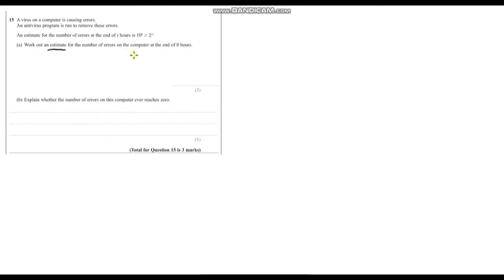So in this instance, t hours, so t is going to be 8. So we can just substitute 8 into this expression. So it's going to be 10 to the power 6 multiplied by 2 to the power negative t, that's negative 8. And again, we can use a calculator for this. So let's just type it in just to make things simple.